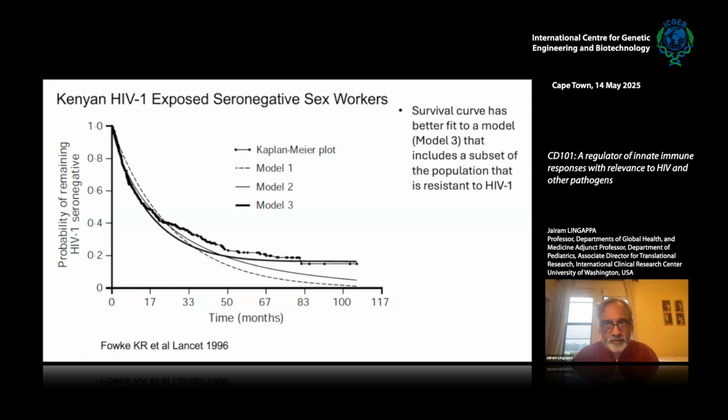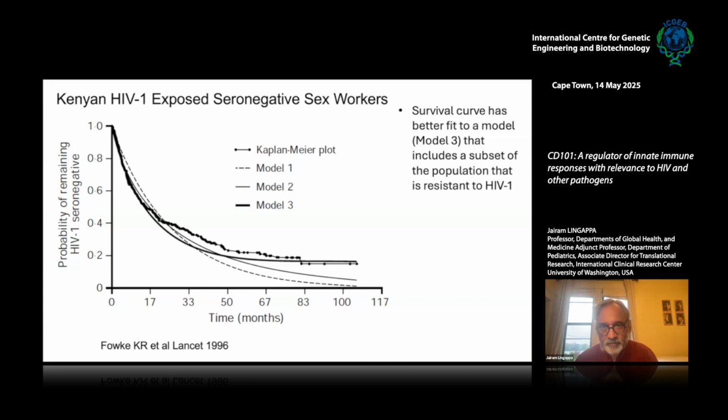That survival curve has a better fit to a model, the dark line here, that includes the cohort having a subset of the population that is resistant to HIV. So the model that best describes the survival data is one that incorporates a population that's resistant to infection.